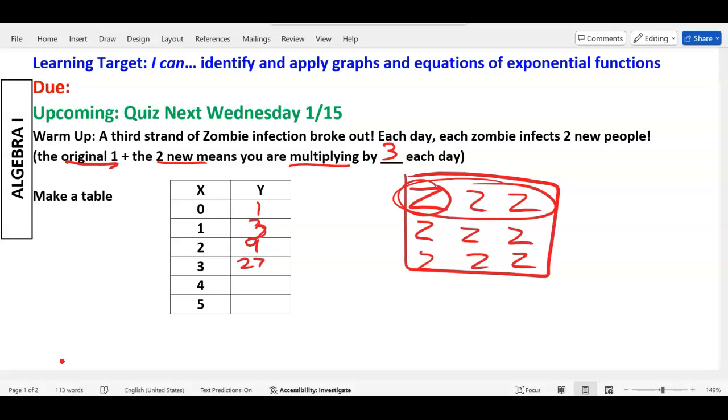And what's 27 times 3? 81. And then what's 81 times 3? 243. Very good. Now, do you see kind of what we talked about yesterday? Exponential growth grows exponentially, meaning it grows very fast, right?